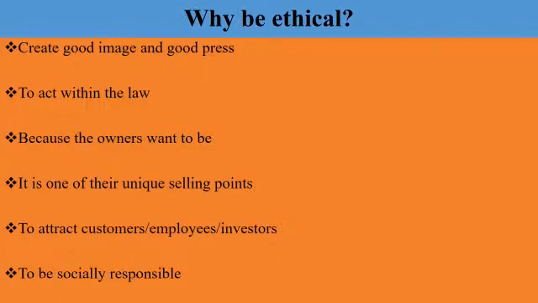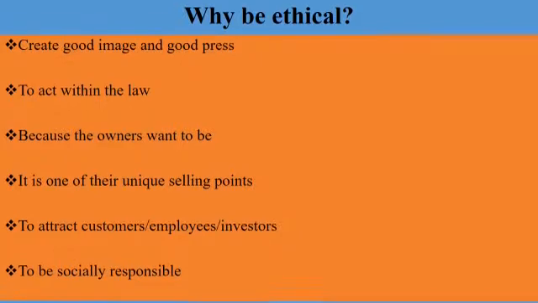We are ethically oriented to create a good image and good press. We do that to act within the law. We are ethically oriented because the owners want to be. It is one of their unique selling points. We do that to attract customers, employees, and investors. We do that to be socially responsible.